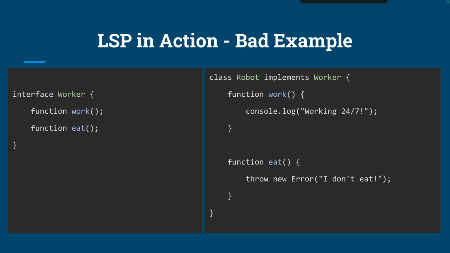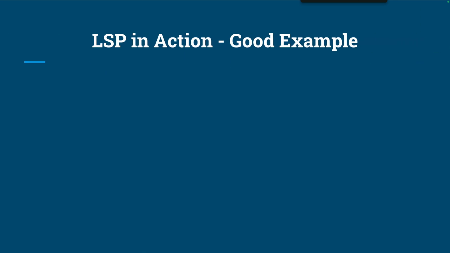It throws an error because, well, robots don't eat. This is exactly what the interface segregation principle warns us about. The Robot class is being forced to depend on a method it doesn't need, and that leads to messy, confusing, and even dangerous code.